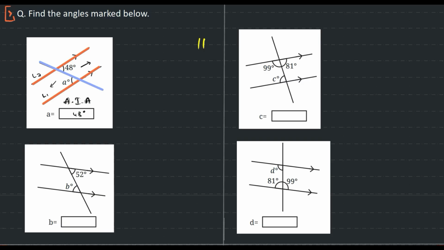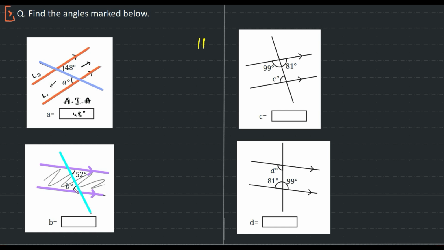Okay. Similarly, we have this as well. There's nothing fancy happening over here. So we have first line, second line, which are parallel to each other. That's the very first thing that you need to notice. Then we have a transversal line. Then we have the space between the lines.